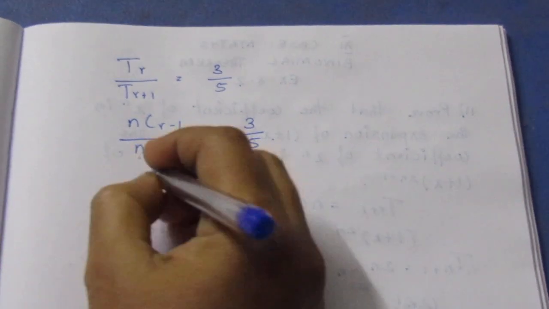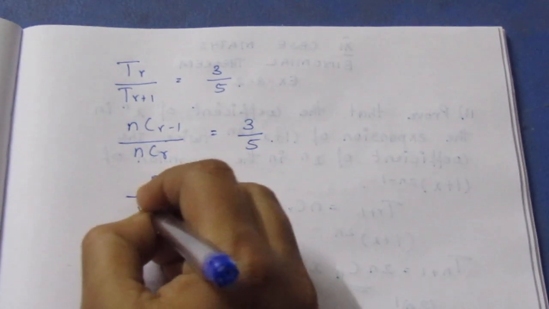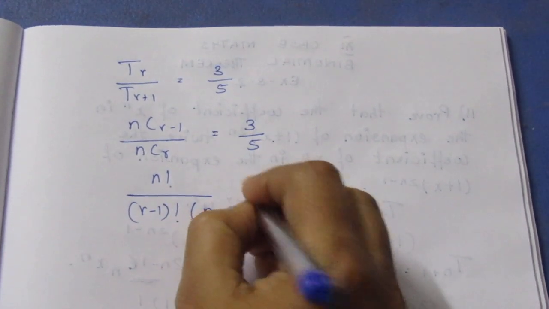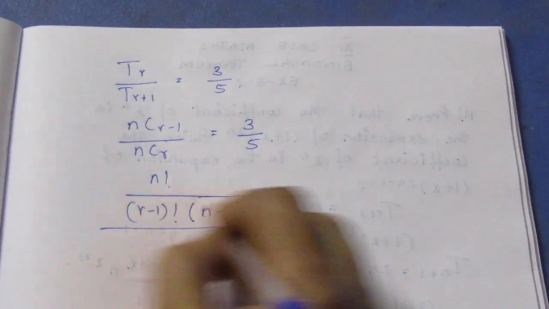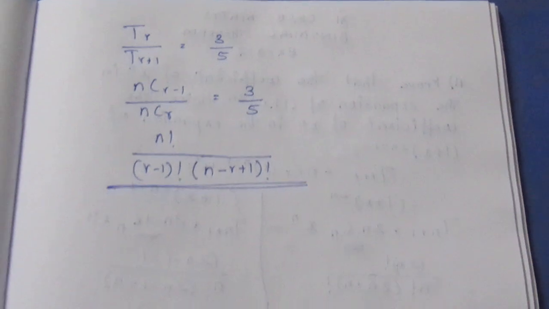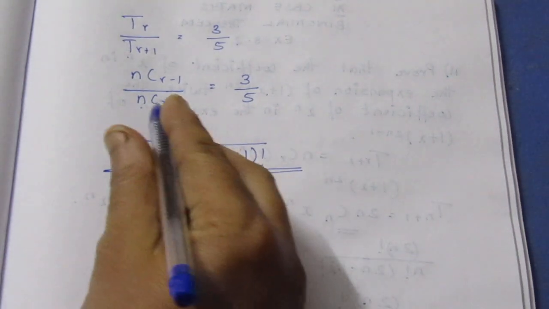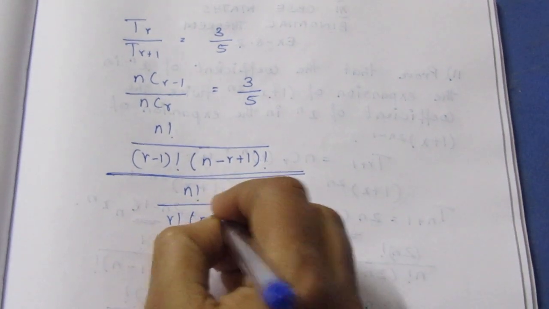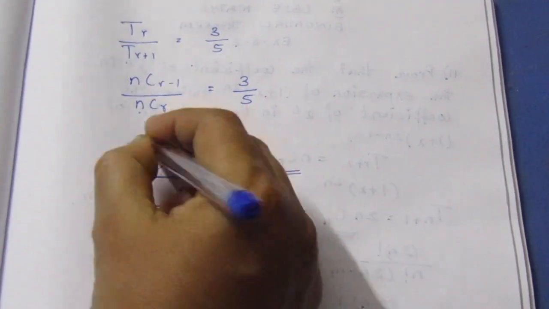Let us write the formula, which is n factorial by (r minus 1) factorial into (n minus r plus 1) factorial. As this is a major denominator, I am going to write it as 2 dash, so that it is clear for you, here n factorial by r factorial into (n minus r) factorial. This gets cancelled.